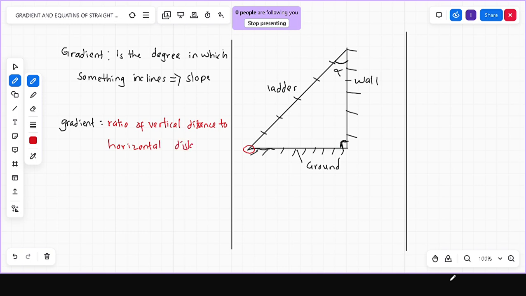So this is how we find the gradient: the ratio of vertical distance to horizontal distance. The gradient is vertical distance over horizontal distance.